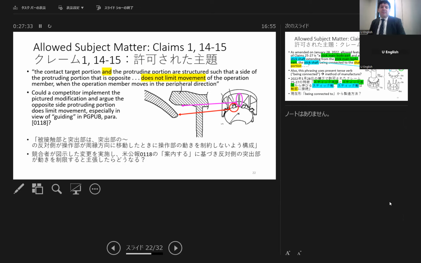And if you look at the pre-grant publication in paragraph 118, they talk about this guiding that can occur in this location. That's what I think this is. This is the guiding that they have in mind. And now they've got this allowed claim amendment that doesn't seem to cover one of their embodiments. So I thought that was a little unnecessary.